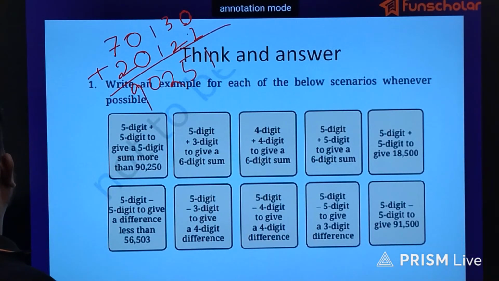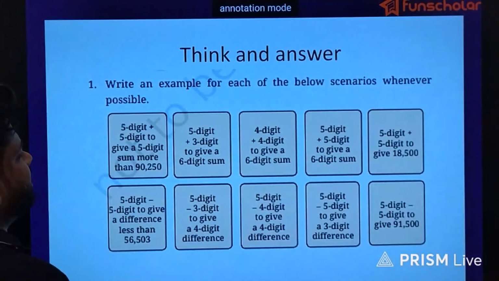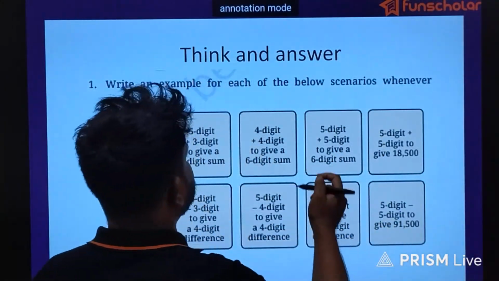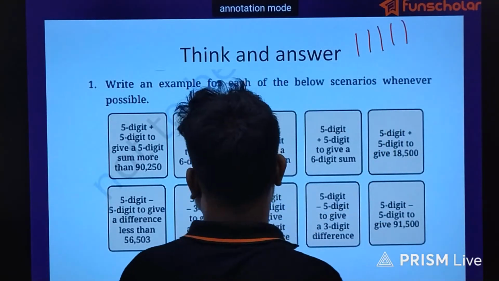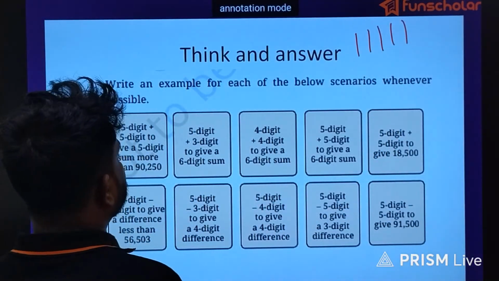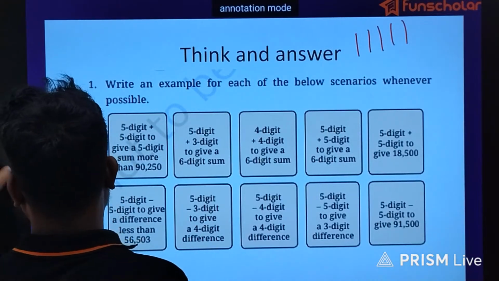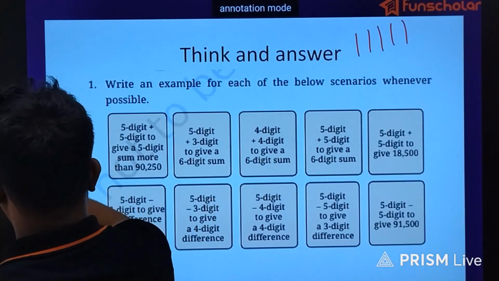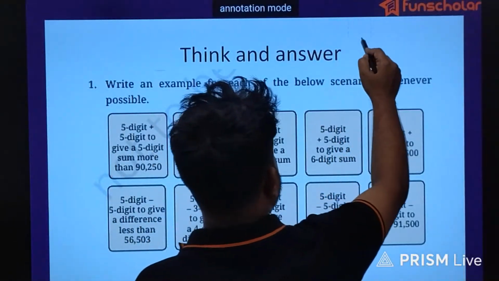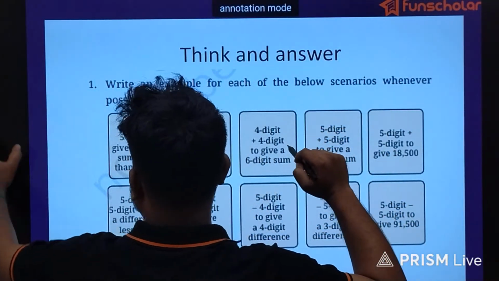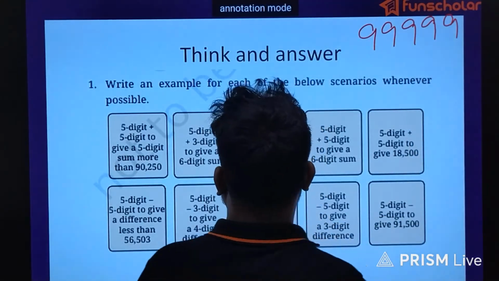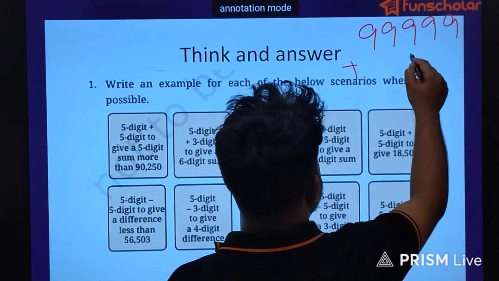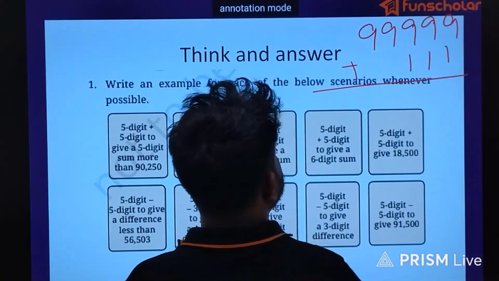So 5 digit plus 3 digit. If I take a 5 digit number, that is 11111, and add it with a 3 digit number. Or take 99999, a 5 digit number, and take a 3 digit number like this.